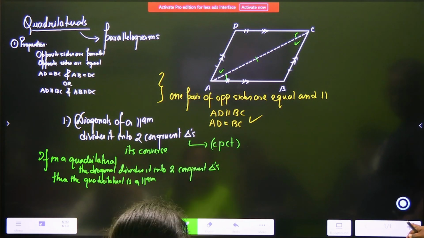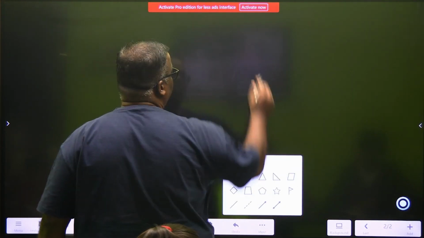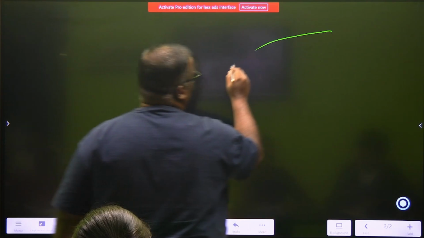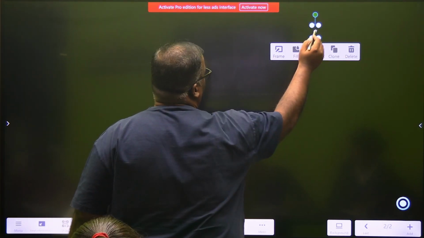Let's look into our next part. So once again, one more parallelogram.